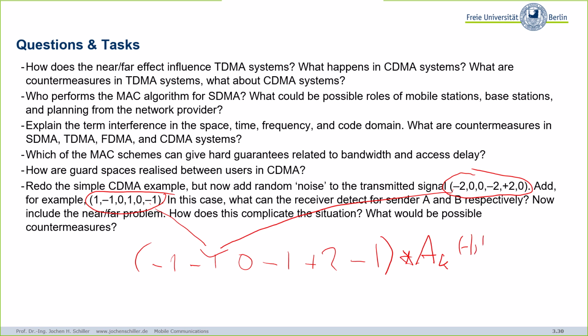I cannot remember all the details. It was -1, -1, 1, 1. So that was the key. We apply this, then you will get 1 -1 +0 +1 +2 -1 equals something like 2.